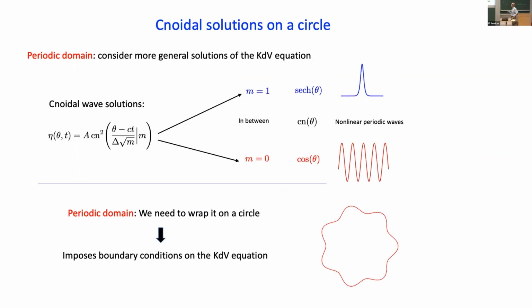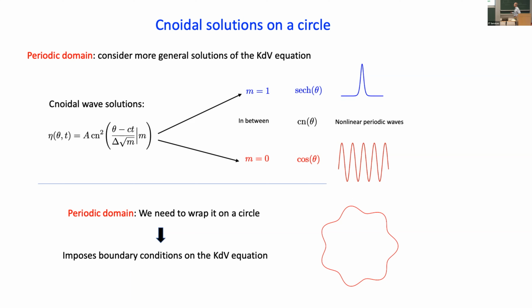If you consider more general solutions of the KdV equation, such as the cnoidal wave solution, it involves an elliptic parameter m, which when equal to 0 gives a cosine, and when equal to 1 gives a sech, and in between you have a nonlinear periodic wave. Since you have a periodic domain, you need to wrap the solution on the circle, even for the cosine.